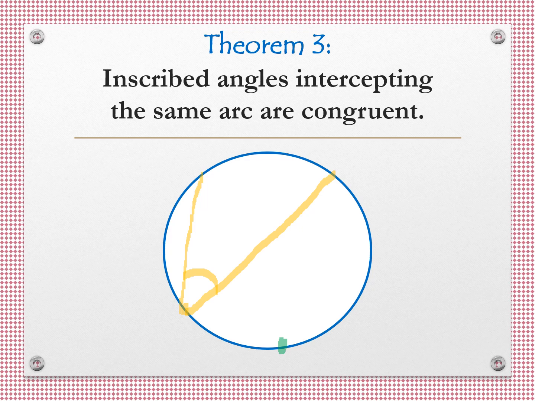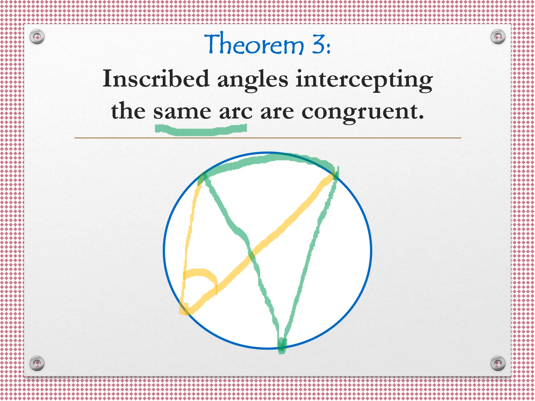It says here intercepting the same arc. So if this is the arc of the first inscribed angle, then my second inscribed angle should have the same arc also. So I have to connect this to my inscribed angle, which is green.